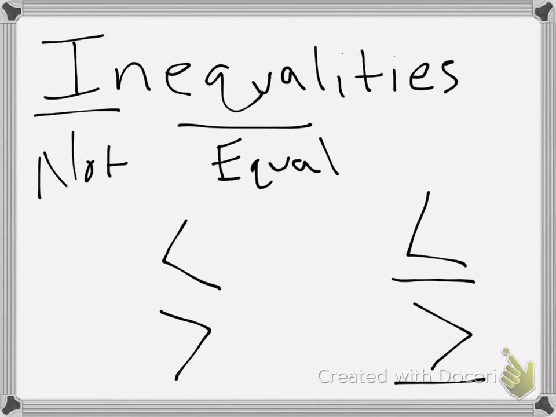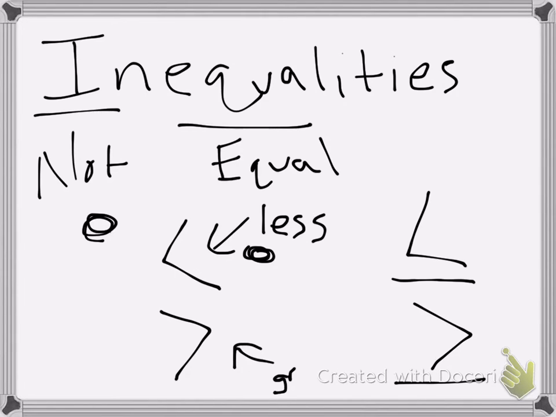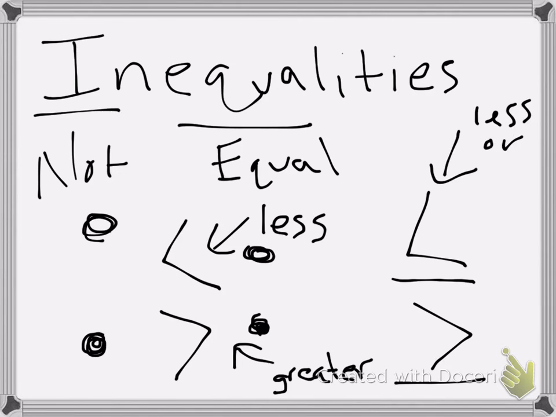So this one here is kind of a less than, because on the left side, it's less than what's on the right side. This would be greater than, because what's on the left side is greater than what's on the right side. And then these are less than or equal. The reason it's or equal is because of the line underneath.